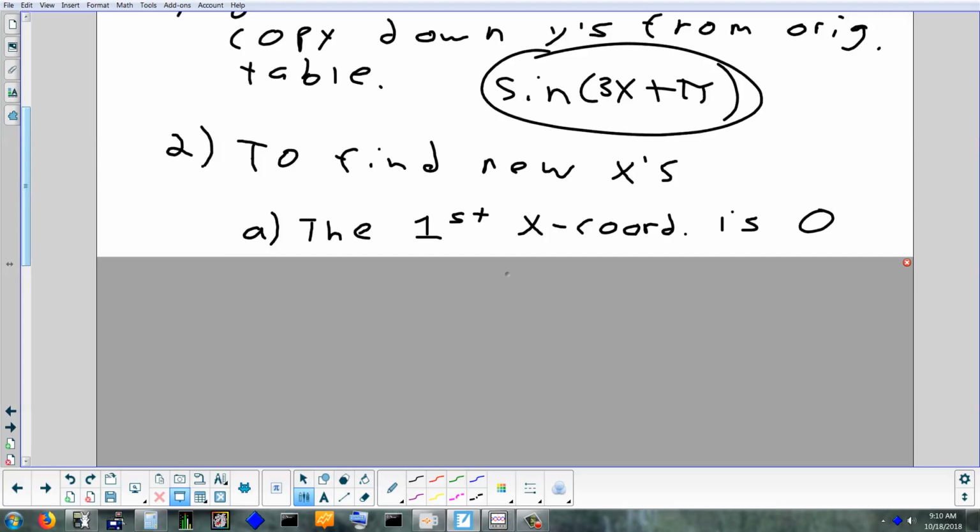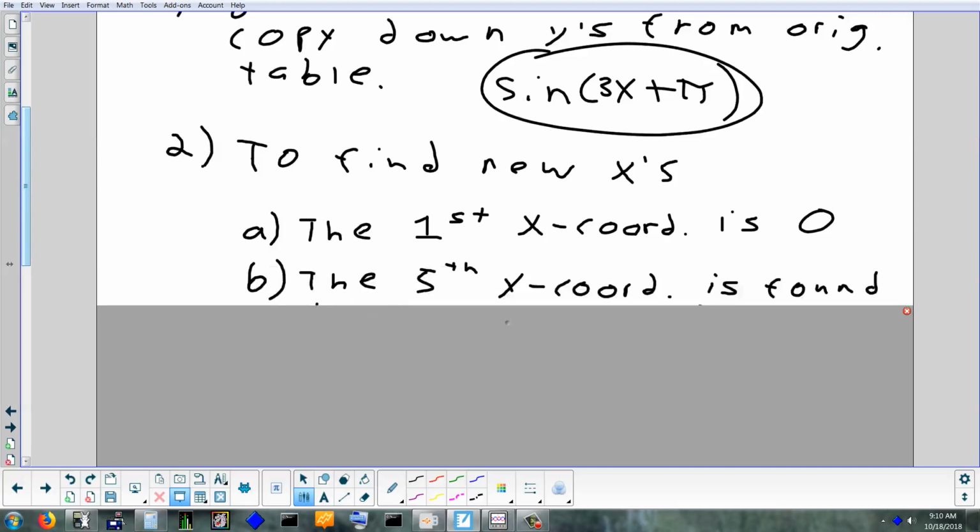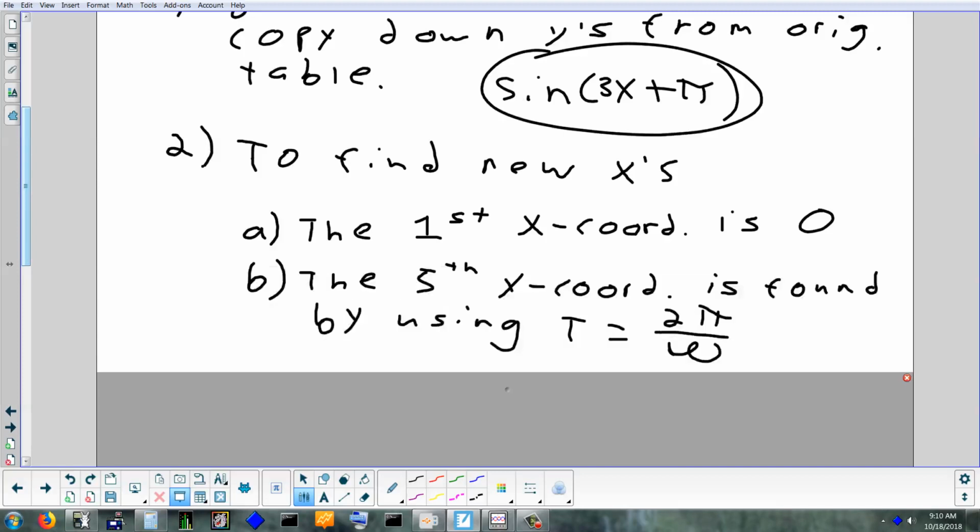All right, so we got the first x coordinate. The last coordinate is the end of the cycle. So the fifth coordinate: the first one is 0, and the last one, the one I just filled in, is the end of the cycle.